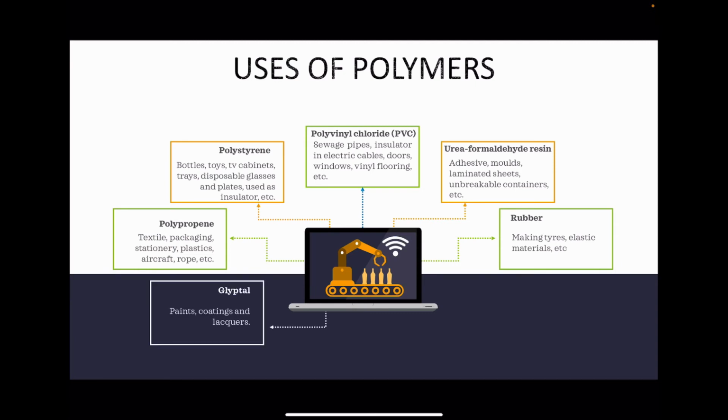Next, the glycol. These polymers are used in the production of paints, coatings, and lacquer. And then the next one is bakelite. Bakelite is used in the production of electrical switches, kitchen products, toys, jewelry, firearms, and insulators.